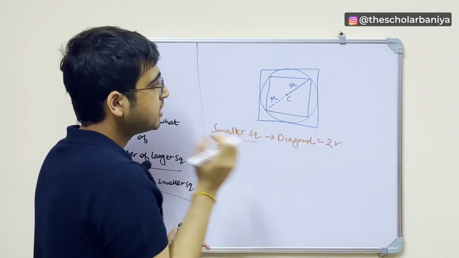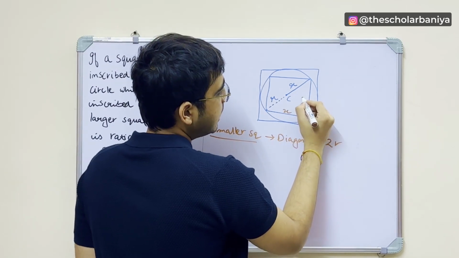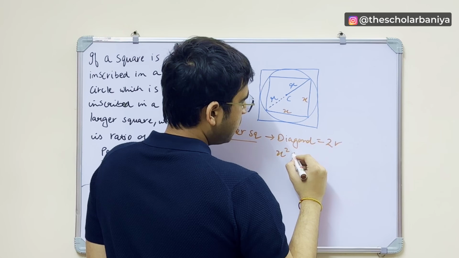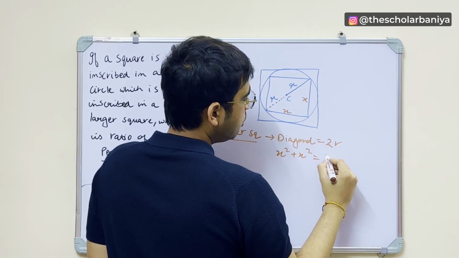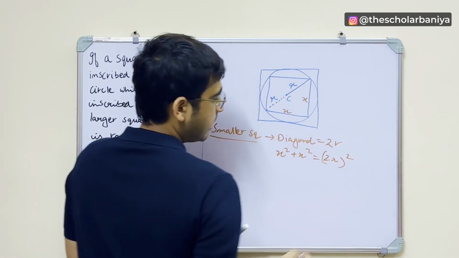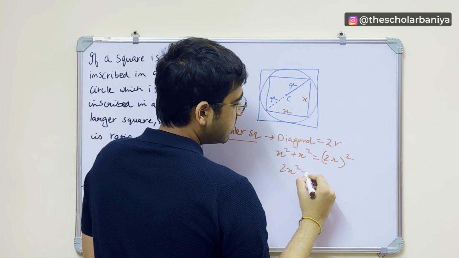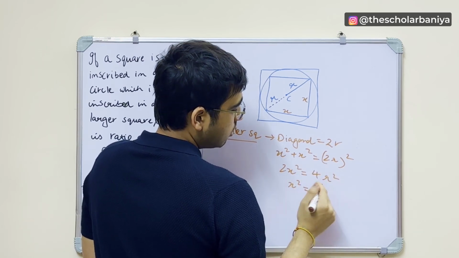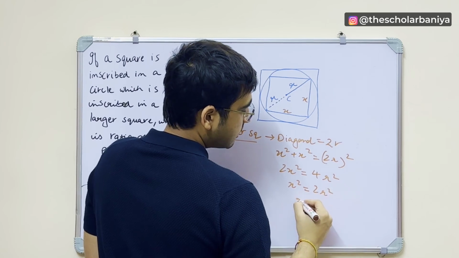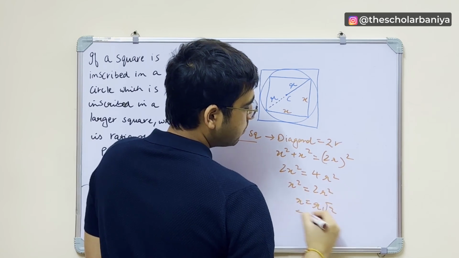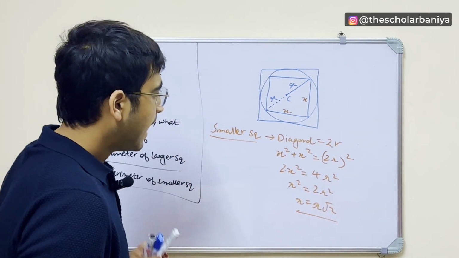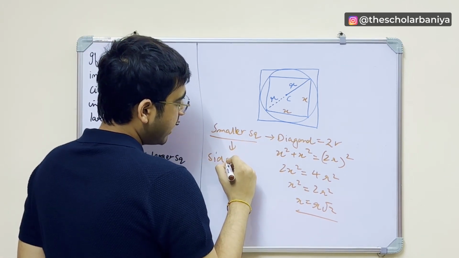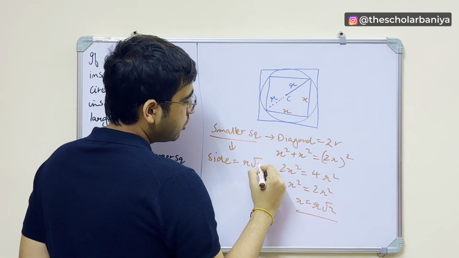If we suppose this side is x, this side is x, let's assume this. So x square plus x square is equal to 2r square. So 2x square is equal to 4r square, x square is equal to 2r square, x is equal to r root 2. That means the side of the smaller square comes out to be r root 2.